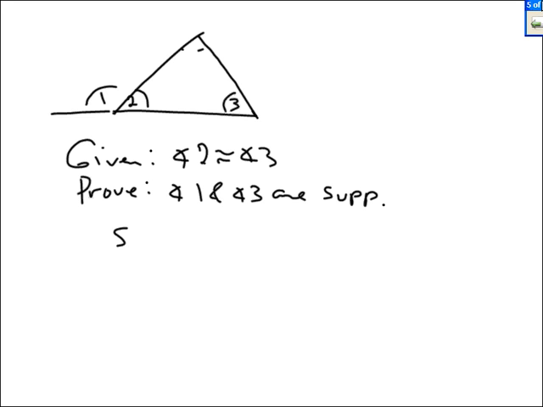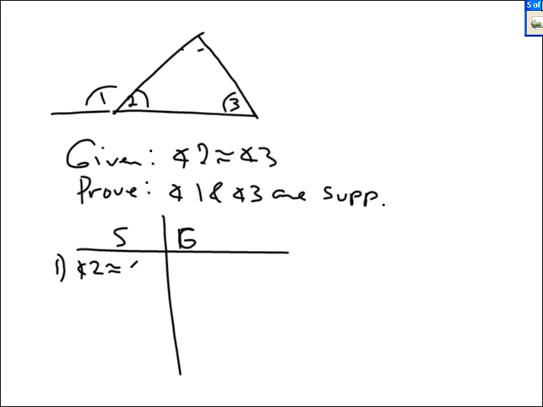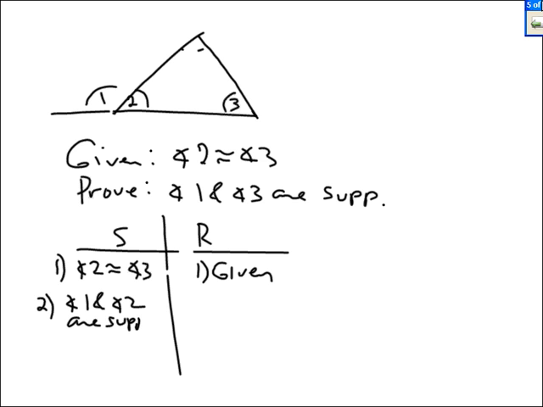Okay, so let's do statement and reason. The first statement is they're given. Angle 2 and angle 3 are congruent. Reason, it's given. R for reason. Now, angle 1 and angle 2 are supplementary.